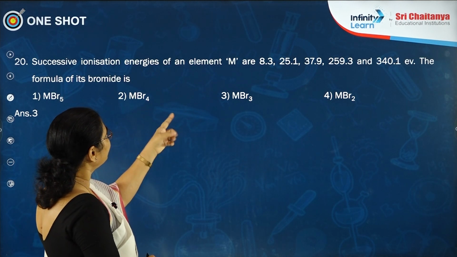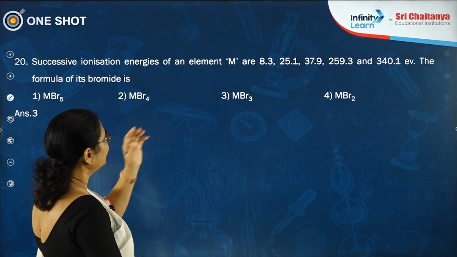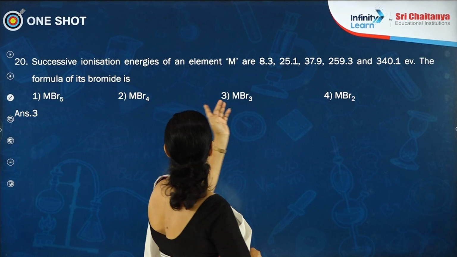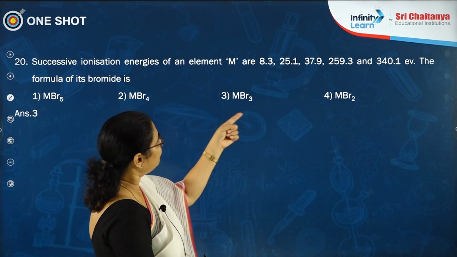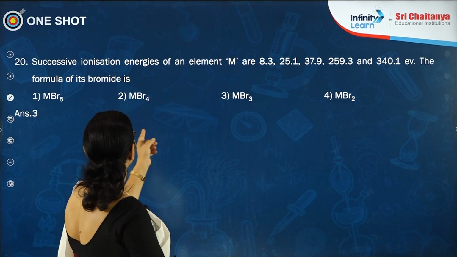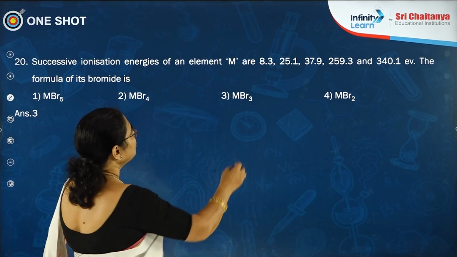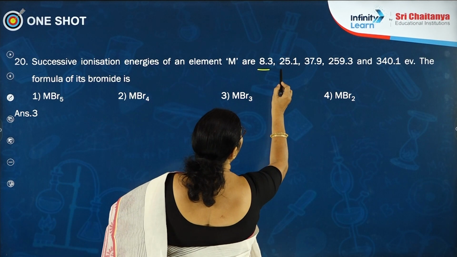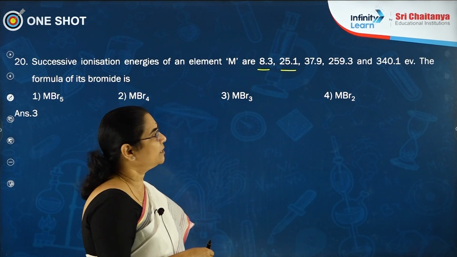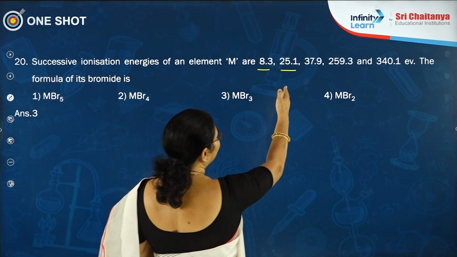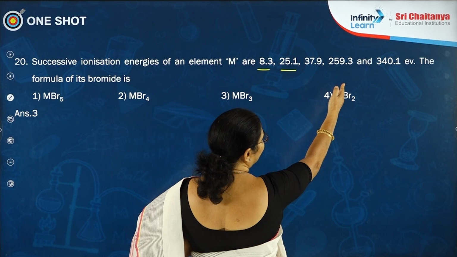Successive ionization energies of one element are given. These are all IP values of the same element. See, 5 IP values are given. He is asking the formula of its bromide. So you compare the values 8.3, 25.1. Always, successive ionization potential values increase: IP2 greater, IP3 greater, IP4, IP5.